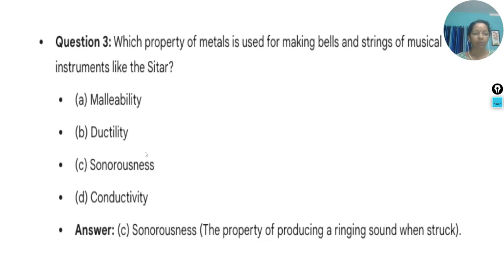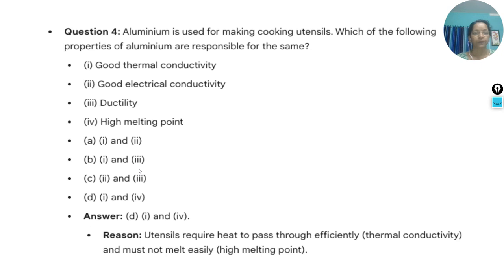So these are all metallic properties, but sonorousness is the answer, option C. Aluminum is used for making cooking utensils. Which of the following properties of aluminum are responsible for the same? Good thermal conductivity, of course, it is needed. Good electrical conductivity, not required. Ductility, required.